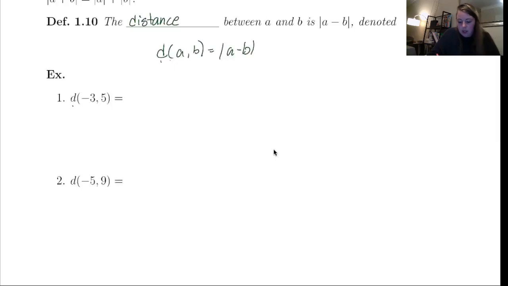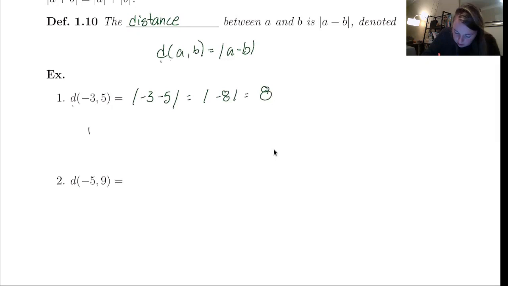So I would say in this example, D of -3 and 5 would be the absolute value of -3 minus 5, which is going to be the absolute value of -8, which is just 8. Pretty cool, right?